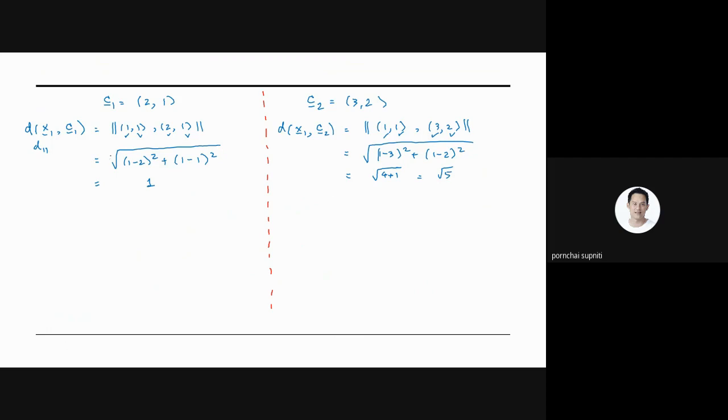So let me ask you all to do one each. Let me call this D12. Who wants to do D21, the distance between x2 and c1? You will do both, no?